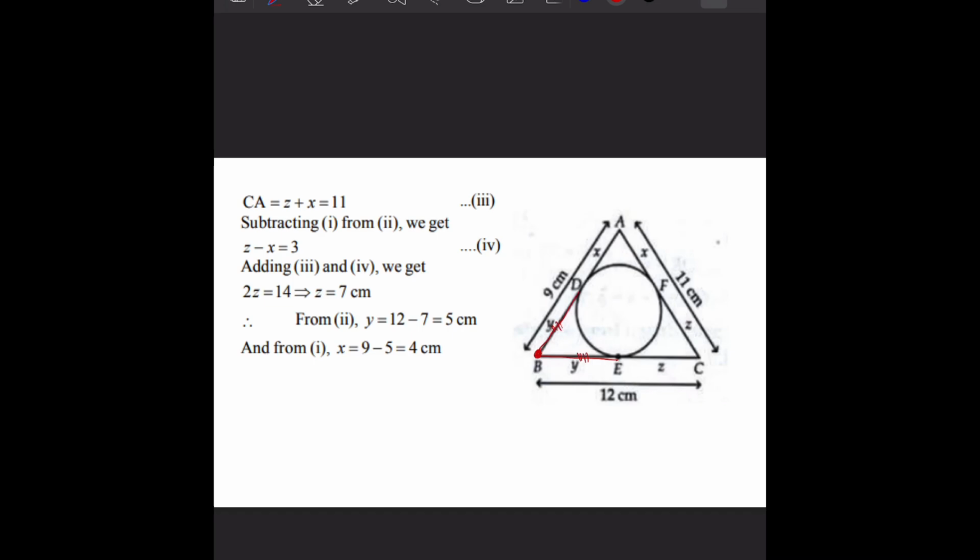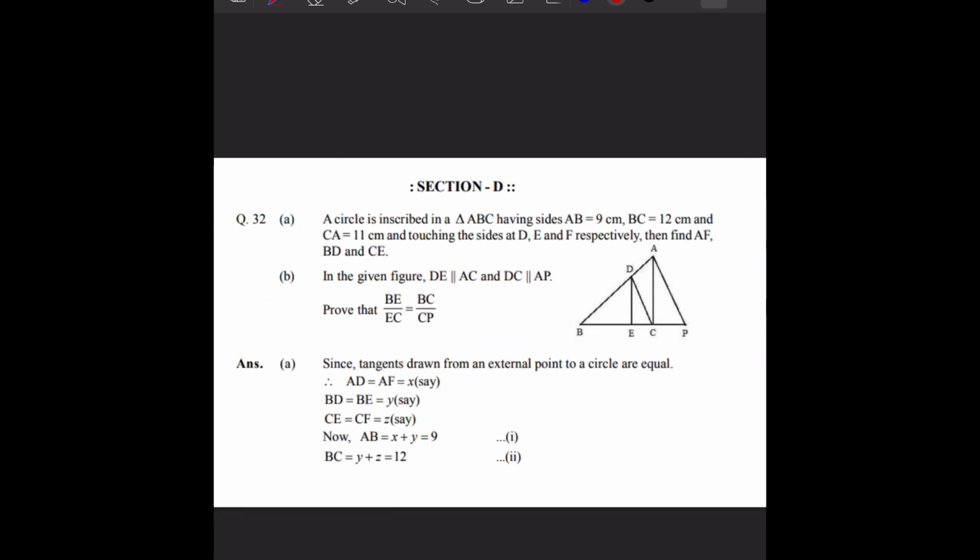Therefore, I'll take BE as y. Therefore, BD is also y. Similarly, if I take AD as x, AF will be x. If I take CF equal to z, so CE equal to z. Right? Let's solve. AD equals AF equals x, BD equals BE equals y, CE equals CF equals z.